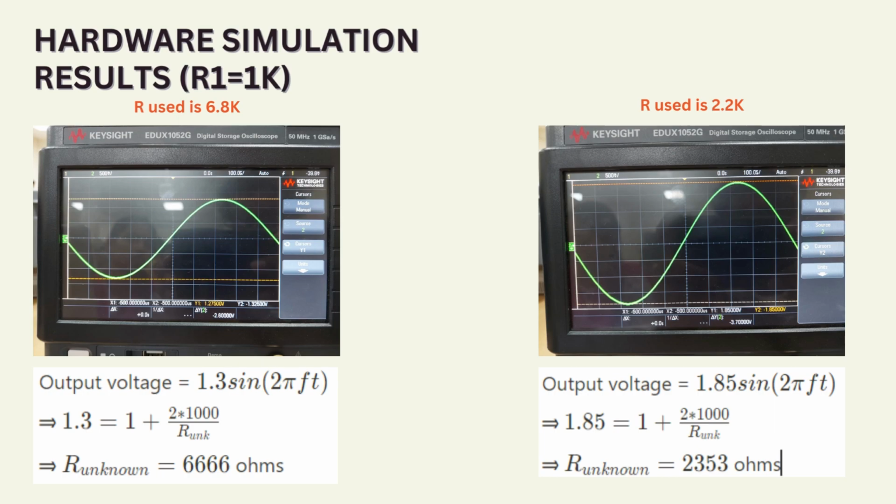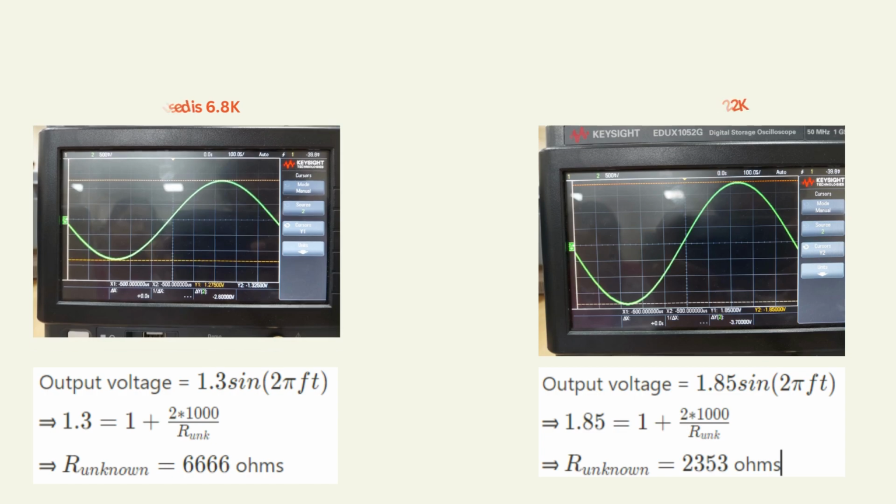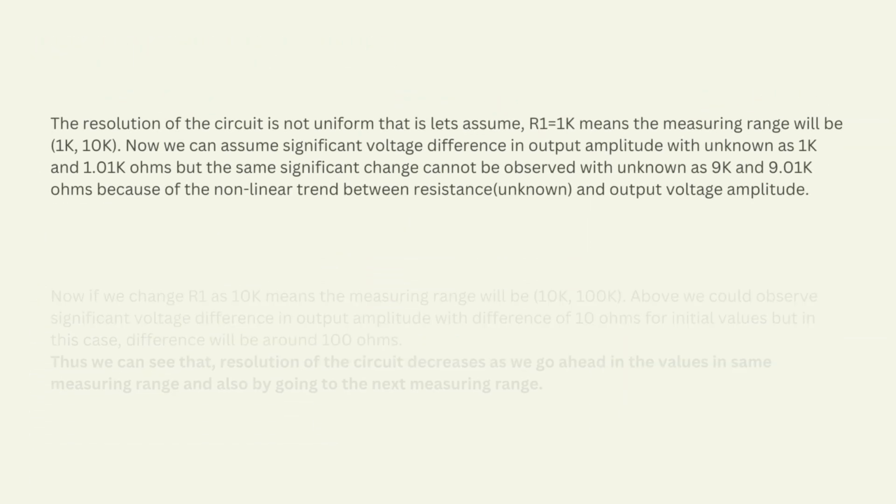So to avoid this, we thought of using an Arduino, where we give a DC input of 1 volt to the second terminal, and give the output voltage of the amplifier to the Arduino through analog read.